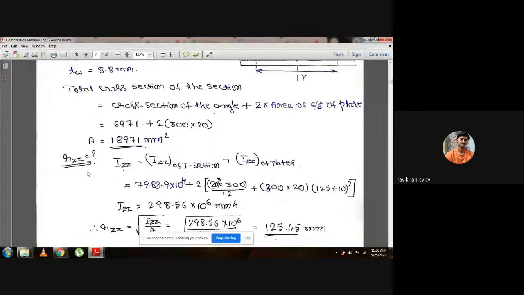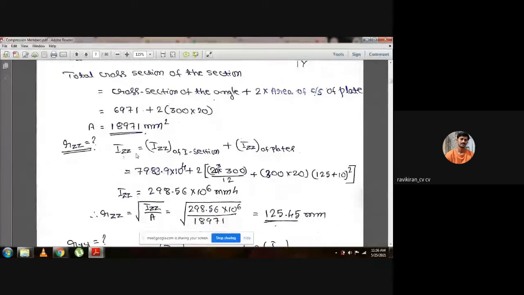Next, RZZ we need to calculate, right? For that, in the ZZ plane we should consider the moment of inertia for the ZZ plane itself. That is IZZ equals IZZ of the I section plus IZZ of 2 plates. You can get the IZZ of the I section directly from the steel table, but these plates you need to add.